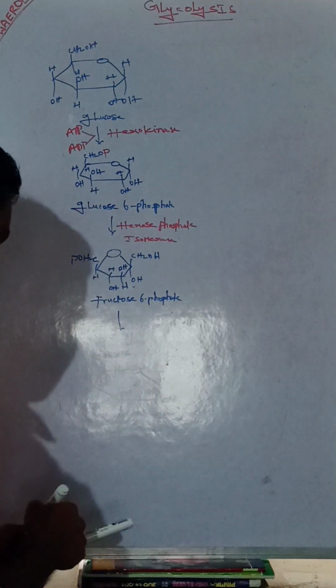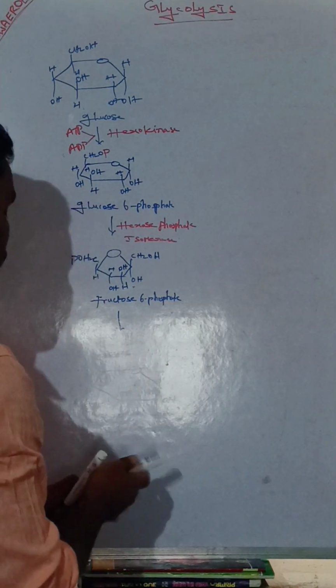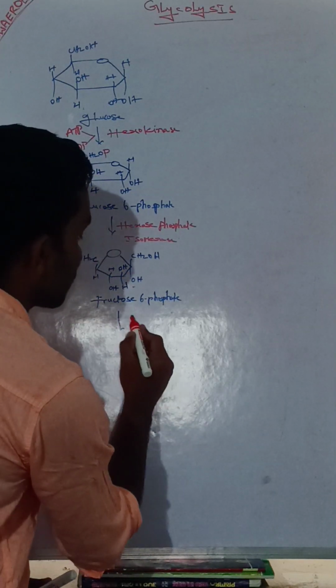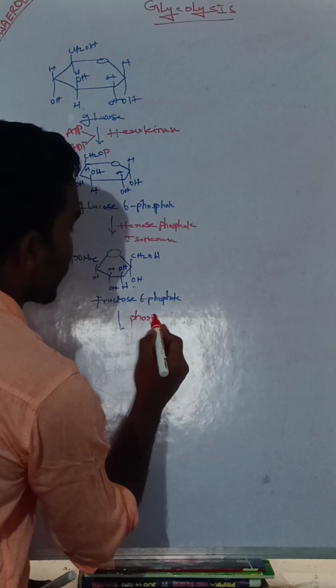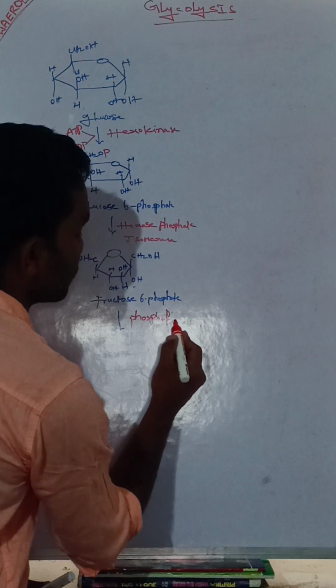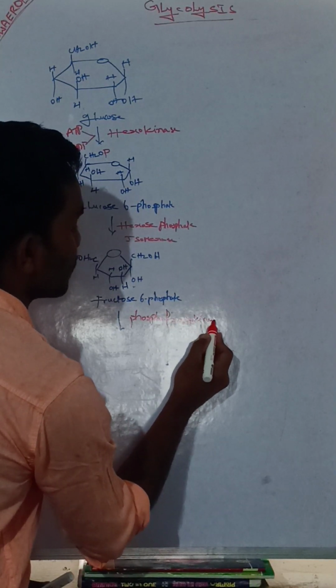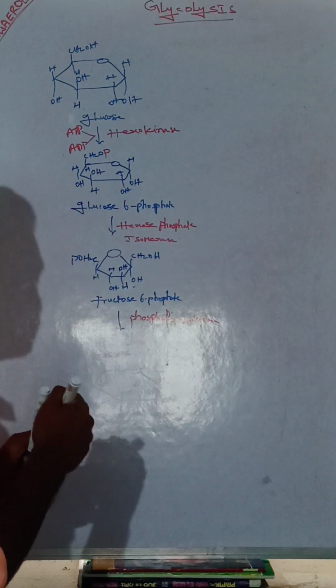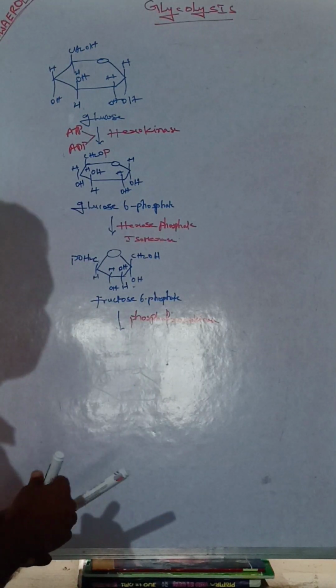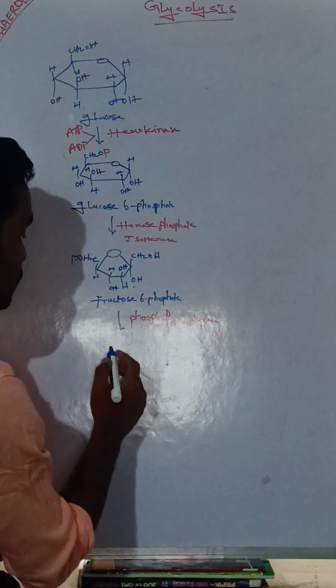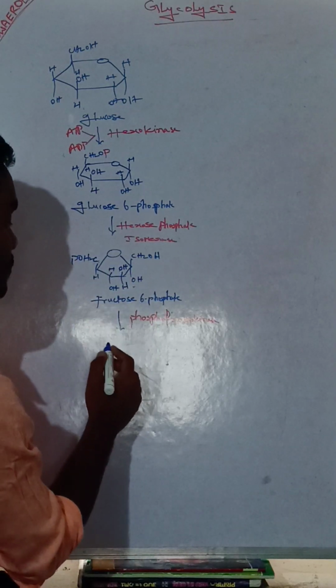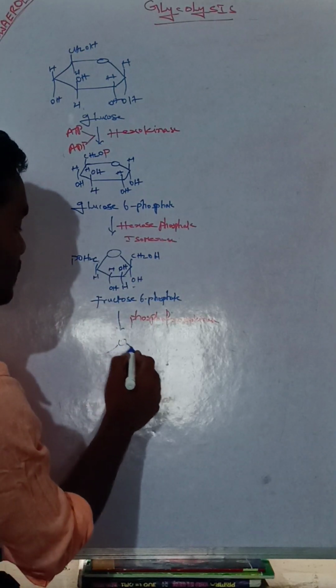Phosphofructokinase. It turns fructose 6-phosphate to fructose 1,6-bisphosphate.